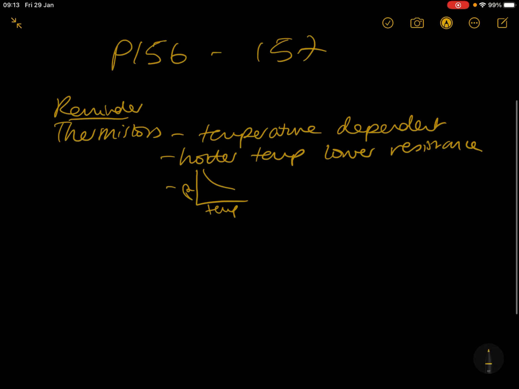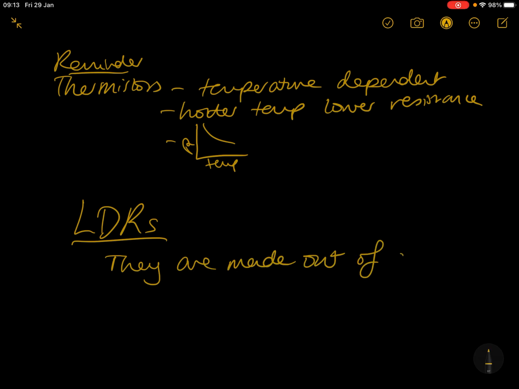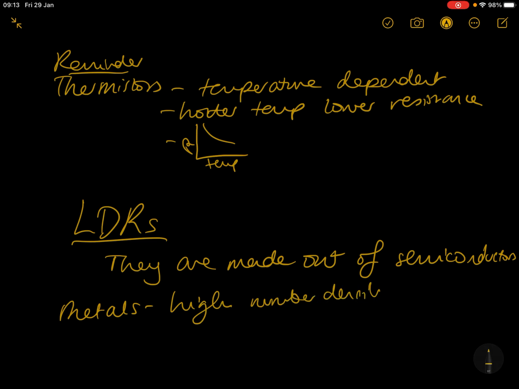So today we are looking at LDRs, which I'm sure you can guess are light dependent resistors. And the reason that they are light dependent resistors is they are made out of semiconductors. Now if you remember, metals have a high number density, insulators low number density.